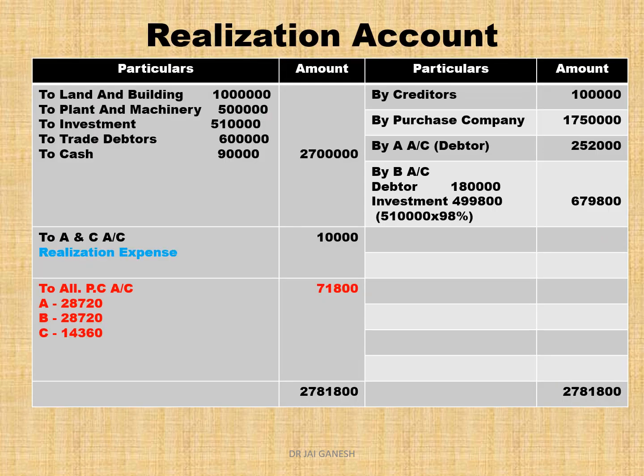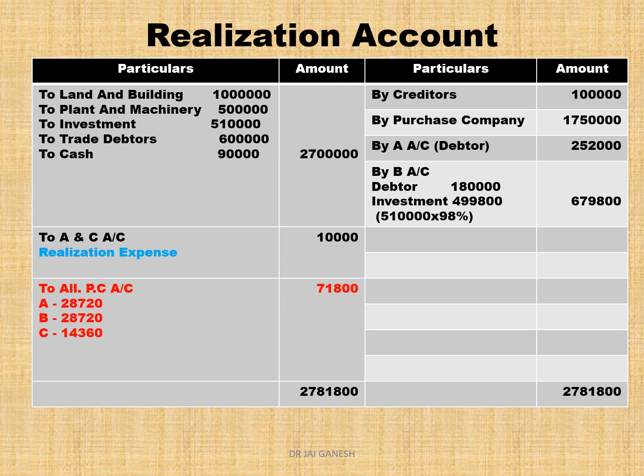This is the realization account. Step 1: transfer all assets from the balance sheet to the debit side. So transfer land and building, plant and machinery, investments, debtors and cash. All 5 assets are transferred from the balance sheet to the debit side of the realization account.